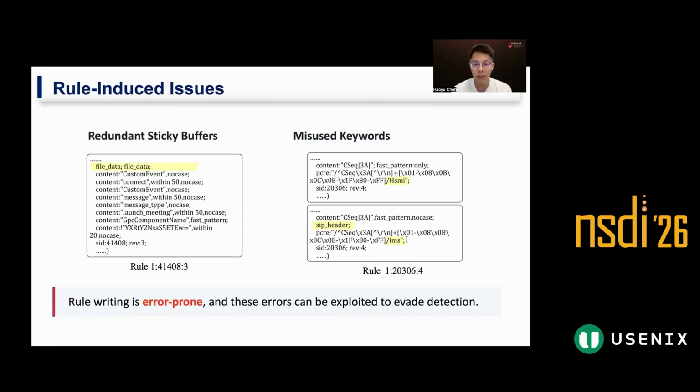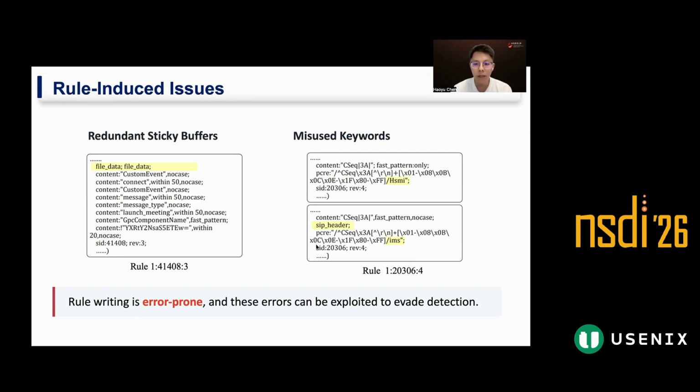Here I present some examples. The first example is redundant sticky buffers. We found rules that contain the same sticky buffer twice, for example, 2 file data declarations in the figure. This works fine in Snort, but does not work in Suricata. Another example is misused keywords.